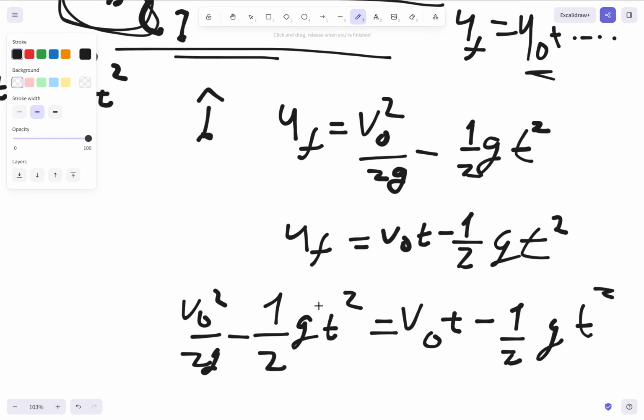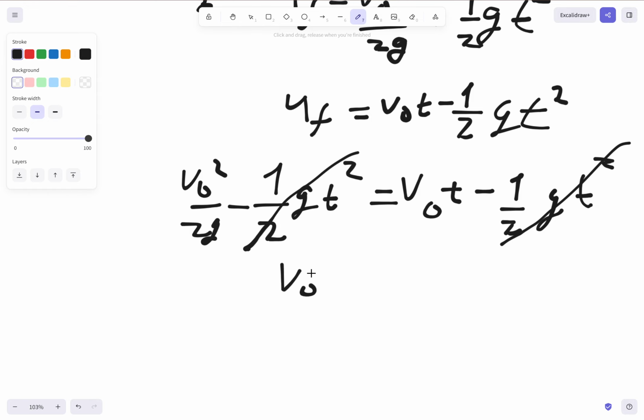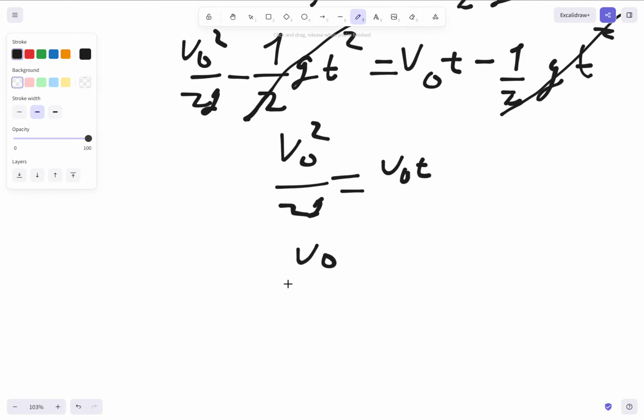First thing, these terms cancel out, right? Negative 1/2 G T squared plus 1/2 G T squared. So V O squared over 2G equals V O T. And then we divide, so V O over 2G equals the time.